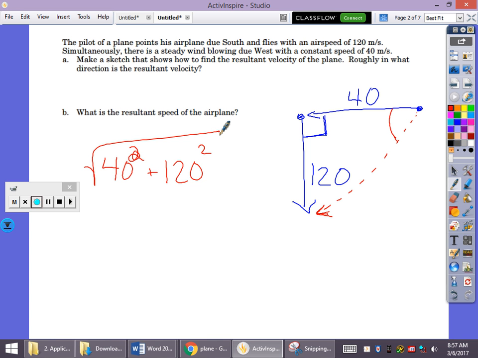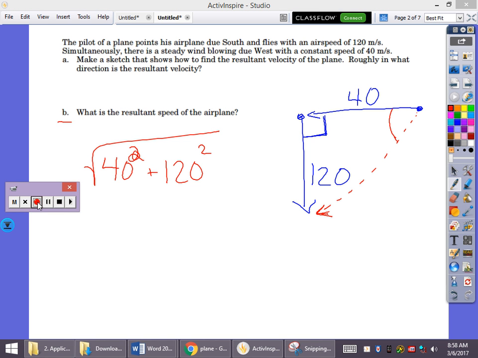If we don't remember that, we always remember Pythagorean theorem. So we're going to use it and find the resultant speed, which is question B on your paper.